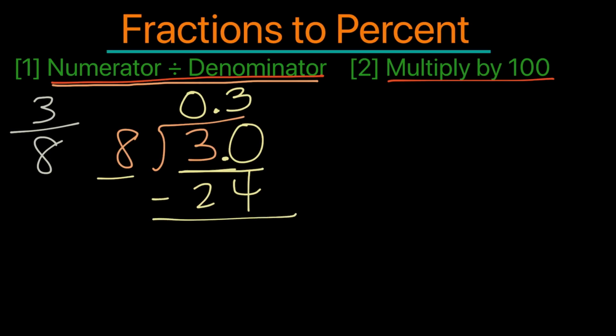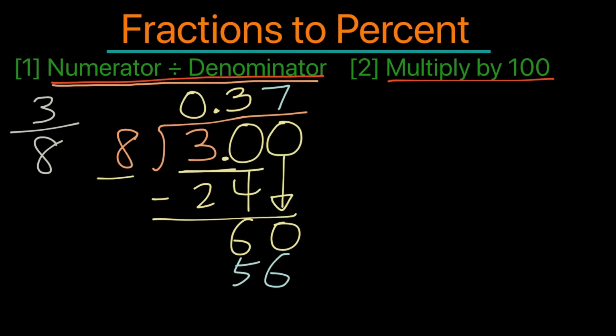Okay, so we bring the 6 down, and then another 0, we bring that down. Now we have 60 divided by 8, and we can put 7 here, so 7 times 8, 56, and 60 minus 56 is 4.